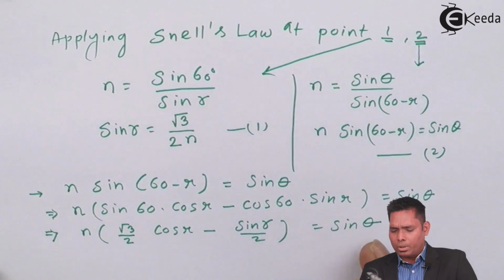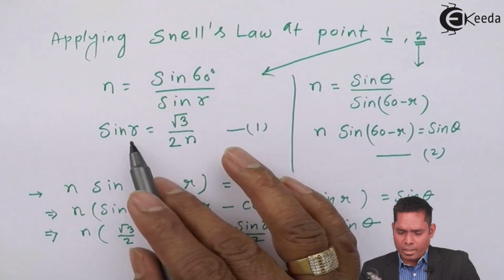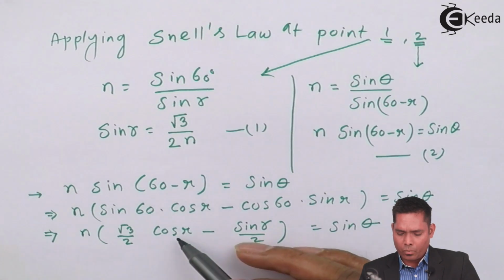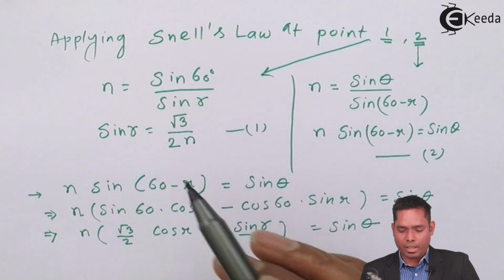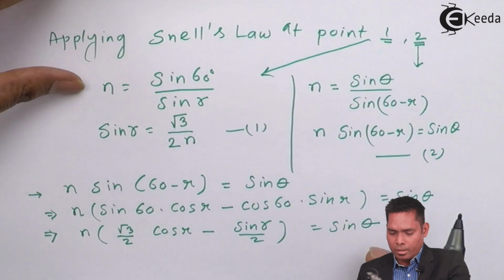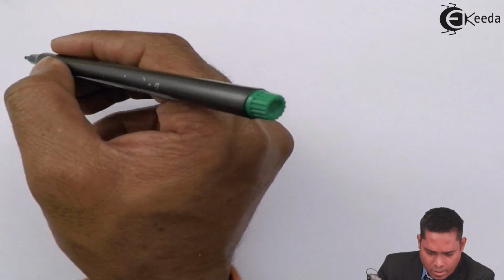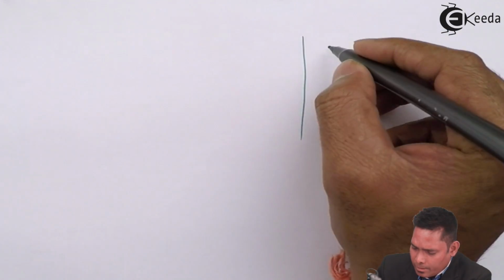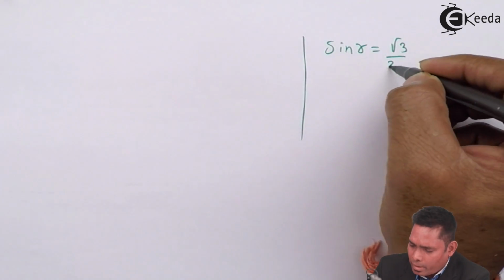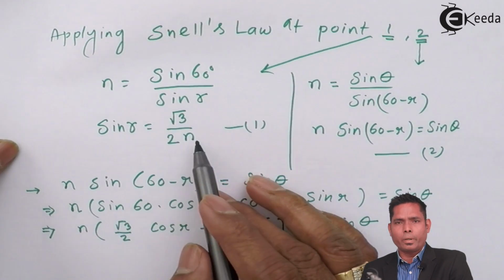Basically I want the relation between theta and n, but I don't want r. Sine r is known, that I'll put here, and cos r is not known, but I know cos r in terms of sine r. Sine r is root 3 upon 2n, as we calculated from here.